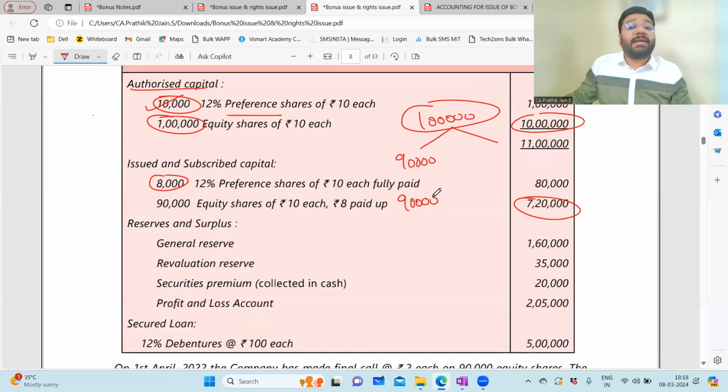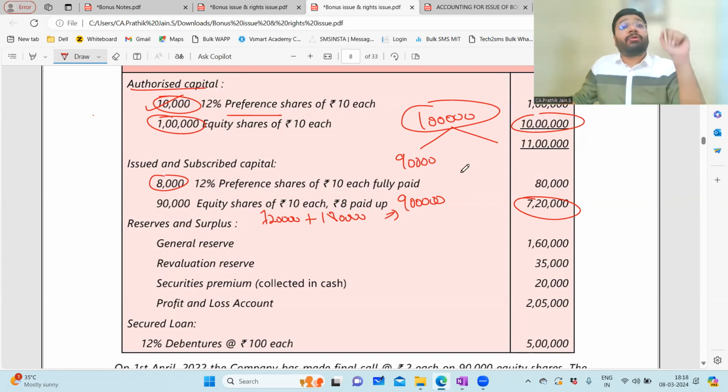9 lakh is collected. So out of 10 lakh rupees, 9 lakh is collected in total, 7.20 lakh in the past and 1.80 lakh now. If I have collected 9 lakh, how much more money can I collect? From 10 lakh, if I minus 9 lakh, I can collect a maximum of 1 lakh rupees. But we issued a further 2,25,000 worth of shares.